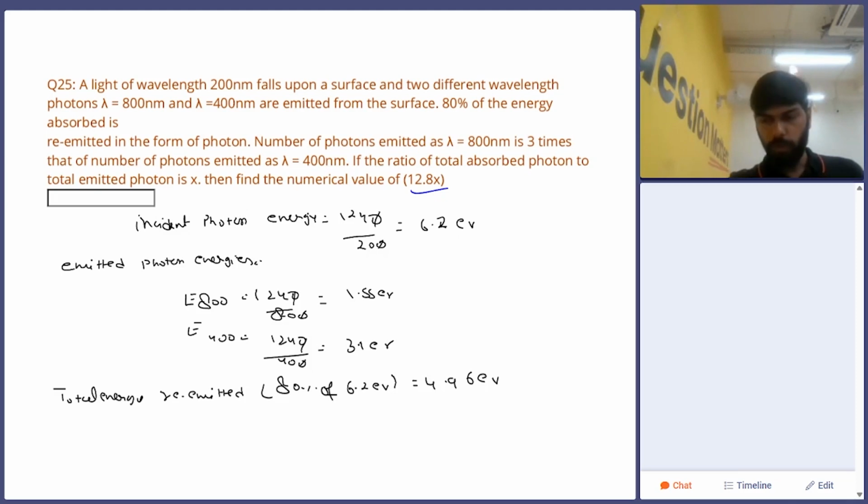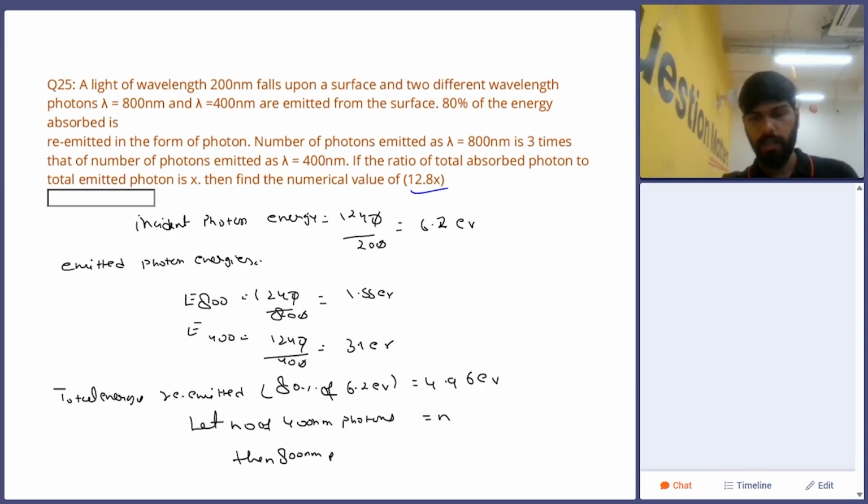Okay, 4.96. Now here we can imagine, let the number of 400 nanometer photons be equal to n. Then the 800 nanometer photons will become 3n.